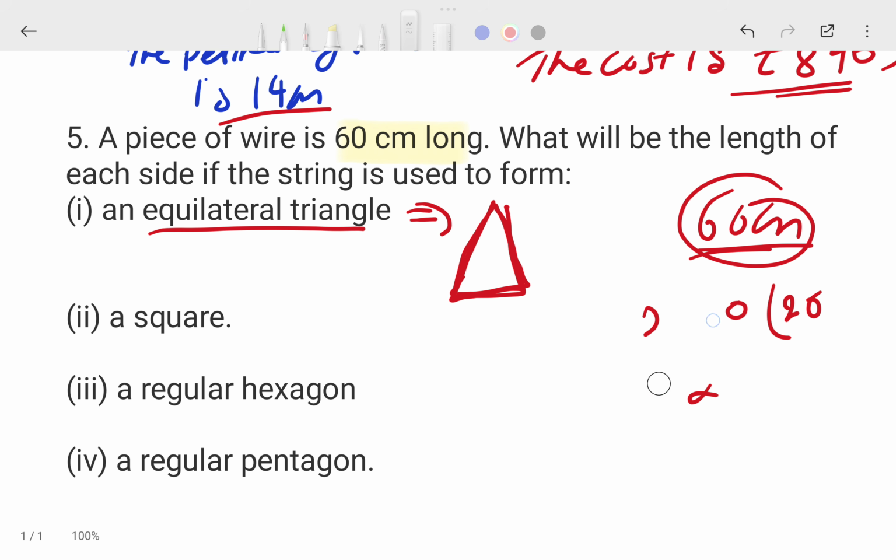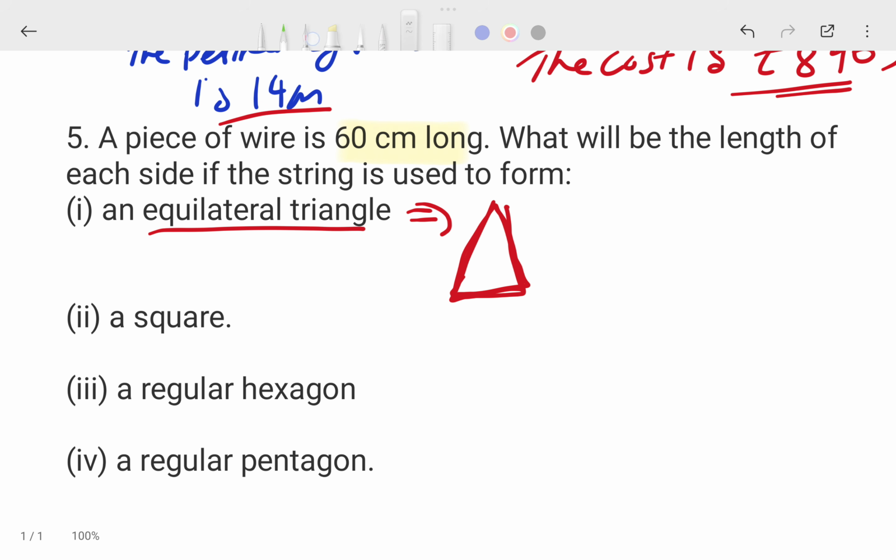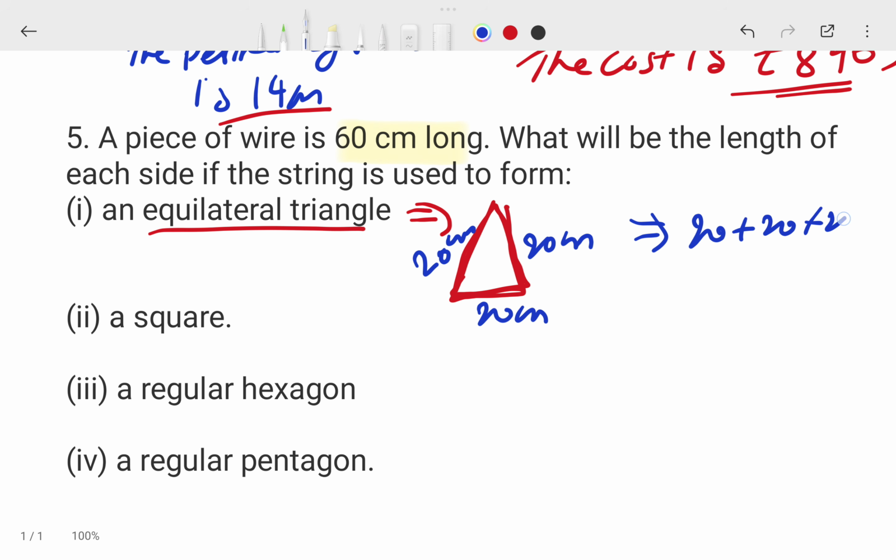So each side is going to be 20 centimeters. Let's add to check. If you doubt it, add 20 plus 20 plus 20, that's going to be 60 centimeters only. So the first question is clear.